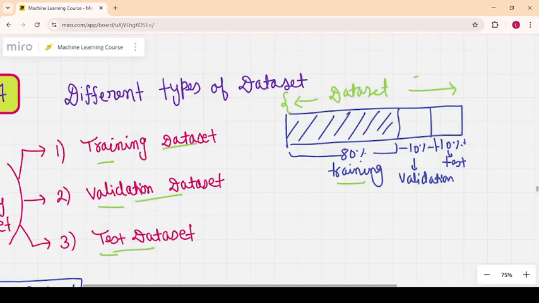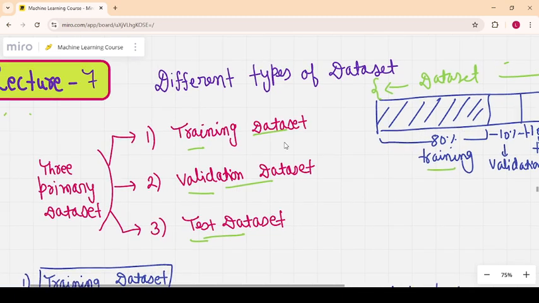In the validation dataset, during training we fine tune the hyperparameters like learning rate and number of layers. If we are building a CNN based model, CNN is nothing but a convolutional neural network, which is used to capture image features. The third type is the test dataset, which is used to evaluate the performance of the model.